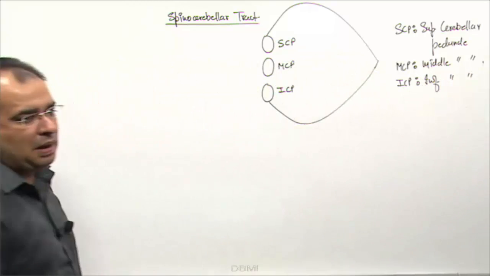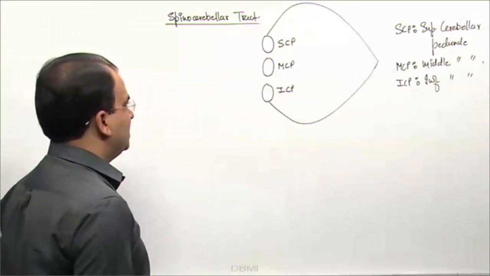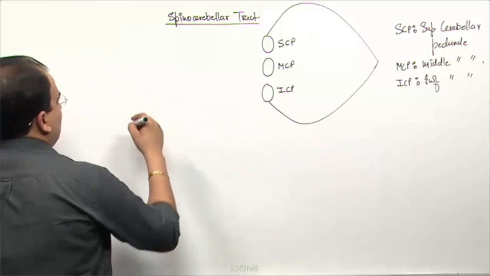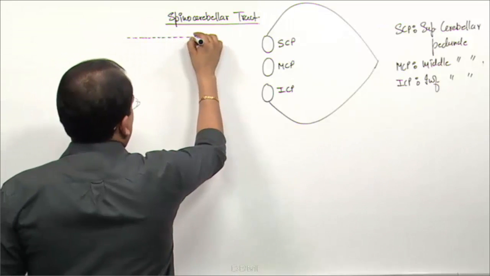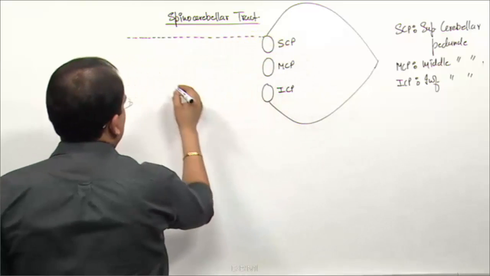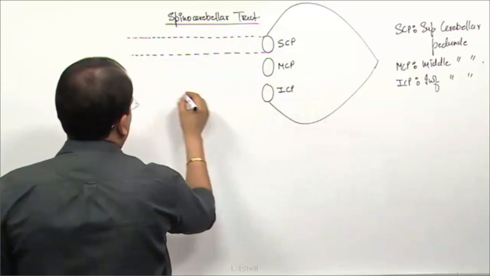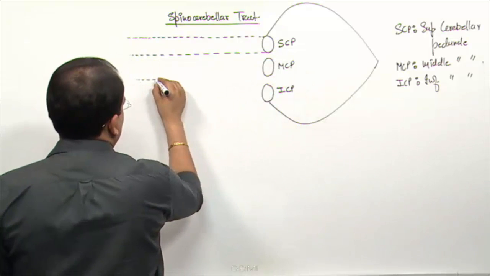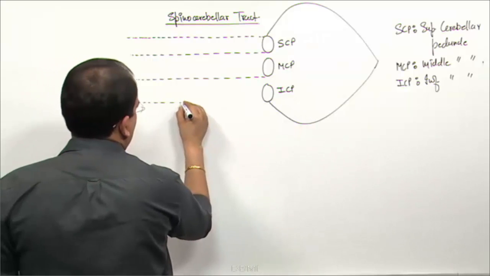So these are the cerebellar peduncles which are giving passage to the tracts which will go inside the cerebellum. Let's divide the brainstem into three parts here: the midbrain, the pons, the medulla.